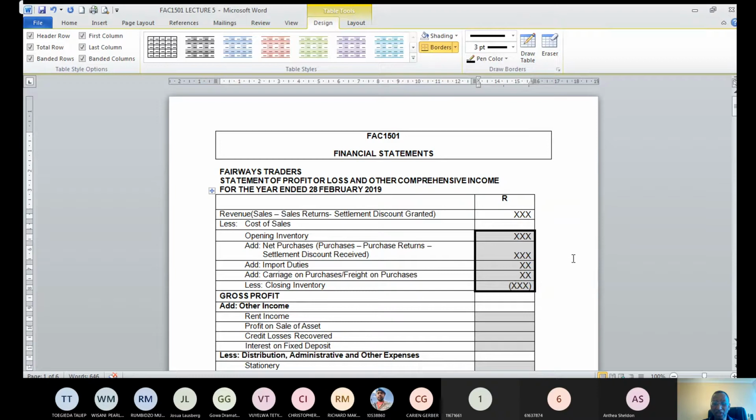You put that in a block, and that is your cost of sales calculation. So you have now calculated your cost of sales. Whatever is in the block, that is your cost of sales.